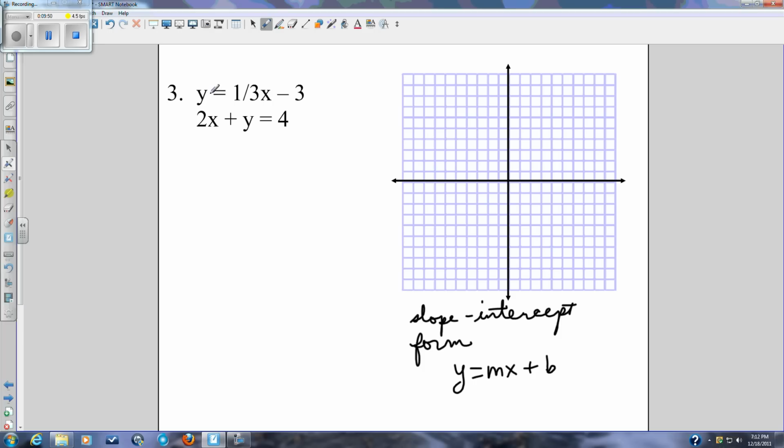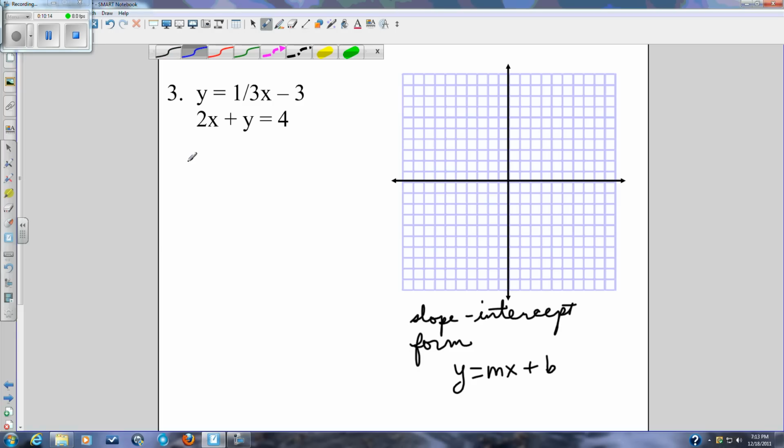If you notice in this next system, y equals 1/3 x minus 3, that first equation is in slope-intercept form. However, the second equation of the system, 2x plus y equals 4, is not. So we will want to manipulate that equation to get it into slope-intercept form before we graph the line. In fact, let's go ahead and do that first.